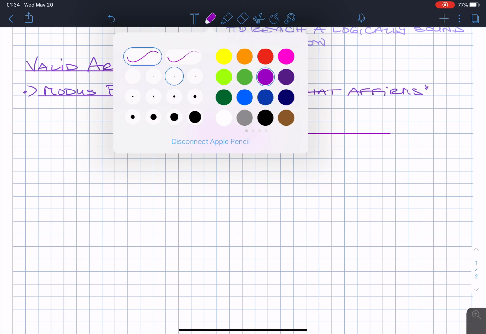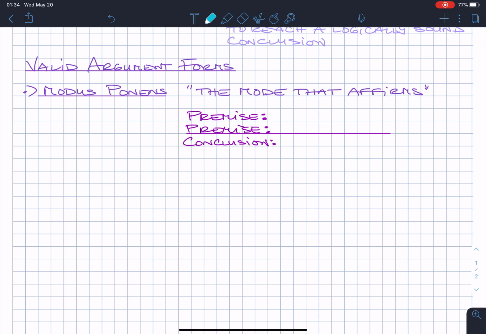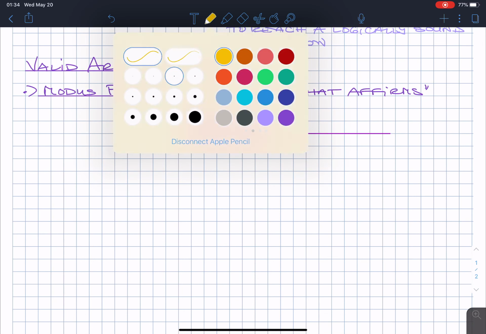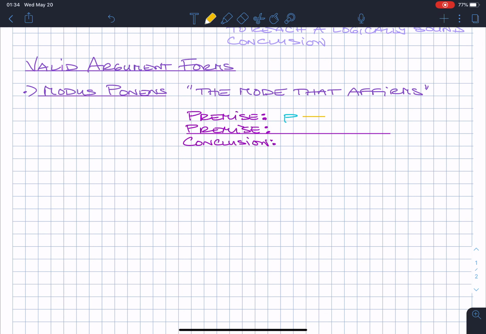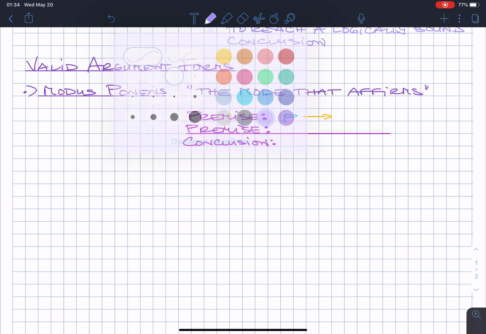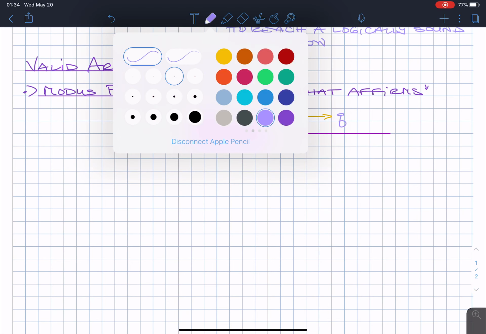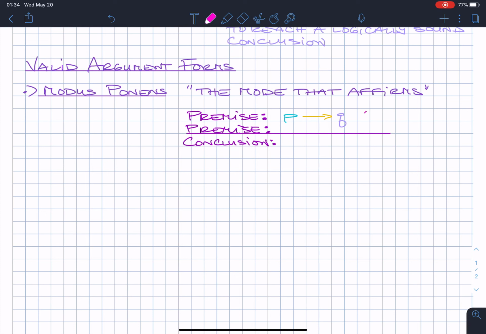So for modus ponens, you're given P implies Q. You have to assume that's true, because whenever we're using these argument forms, our premises are always true.